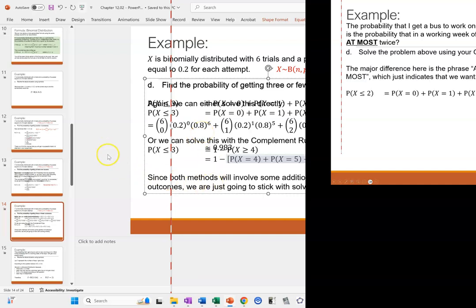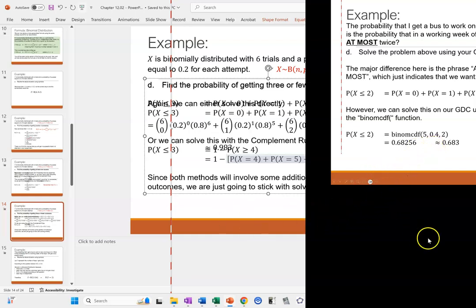What if I want at most 2? So x is less than or equal to 2. That means we have to add up these 3 probabilities, or I can just use the CDF version.